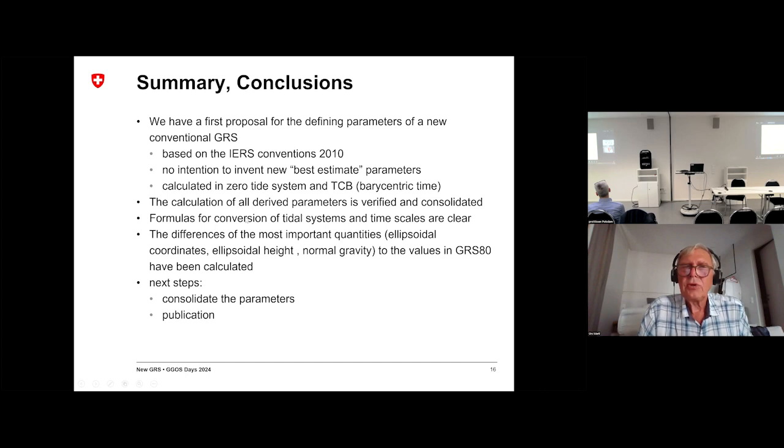We have calculated them in zero-tide system and barycentric time. The calculation of all derived parameters is verified and consolidated. So if we once agree on the defining parameters, we immediately will have all the other derived parameters. As well, conversion of tidal systems and time scales, they are well known and well documented.